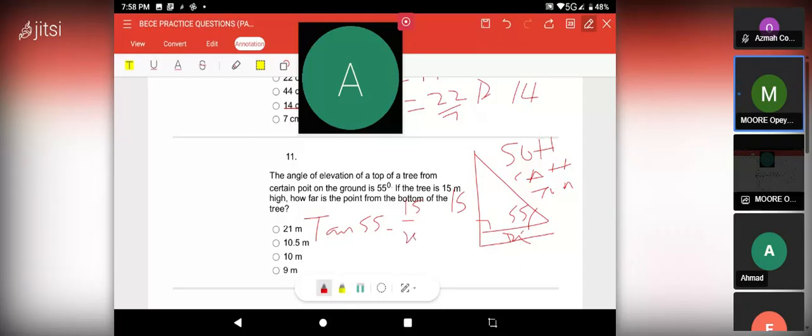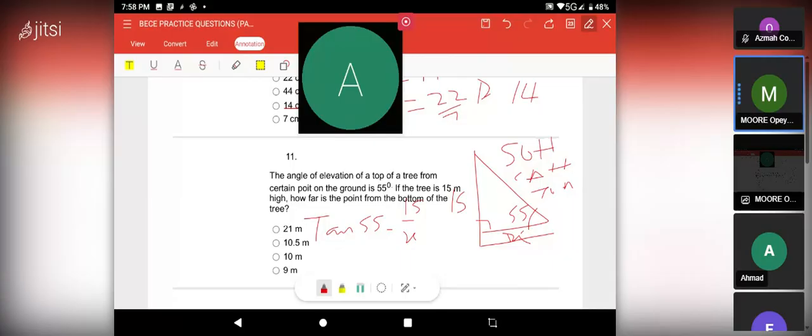Then you cross multiply. What is tan 55 from your four figure table? Are you with your four figure table? Nobody is. You are not with your four figure table.